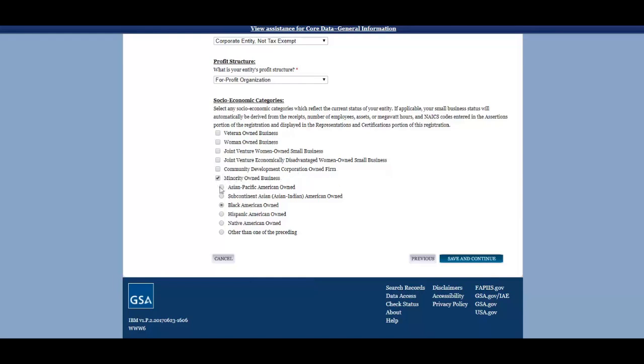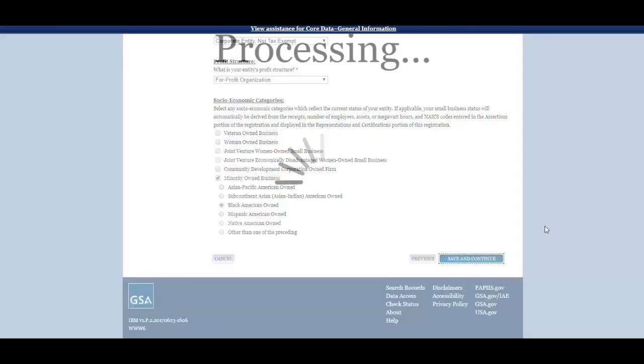I have checked the sub-check, Black American-owned, which is still checked, in the radio box. What do you call those things? I can't remember. Whatever that dot is, it's still there. So there's no need to change that. So we'll go save and continue.